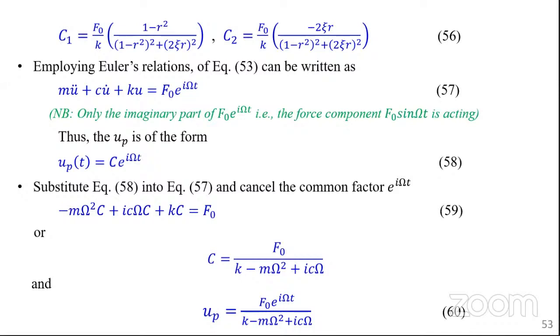Now, from equation 50, we have a compact form of the particular solution. We substitute in equation 57, and you cancel the common factor e raised to power i omega t, and you're going to have equation 59. This is a matter of derivation and hard calculations, so that you can see how you are obtaining the value C and the value UP.